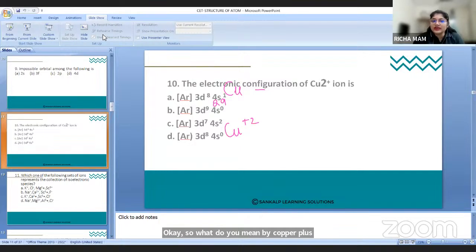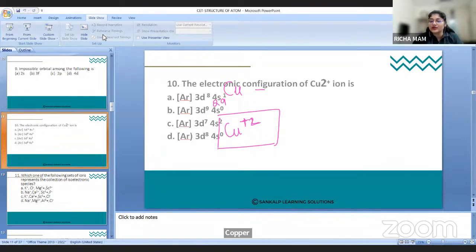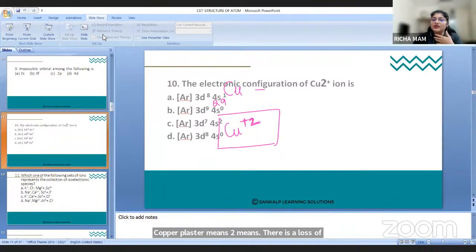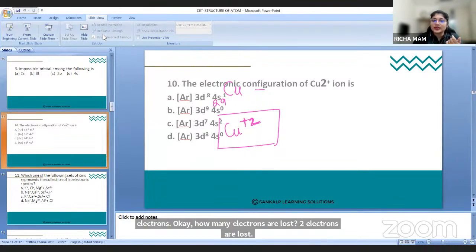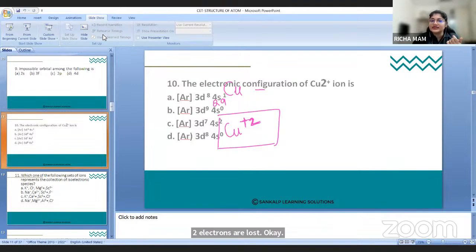Copper +2 means they have lost 2 electrons. +2 means there is a loss of electrons; it is in cation form. So Cu+2 means 2 electrons are lost.